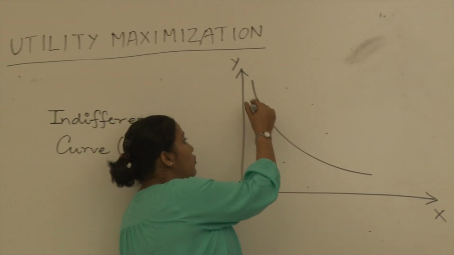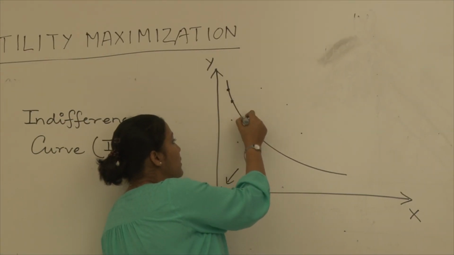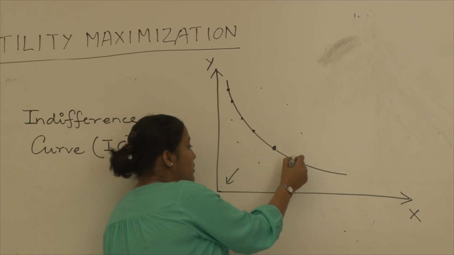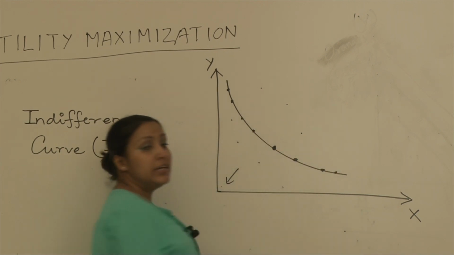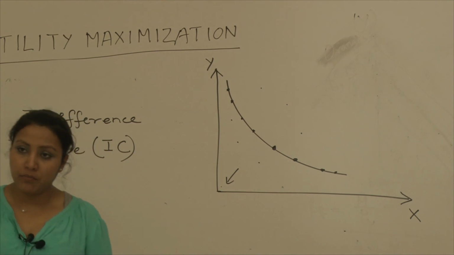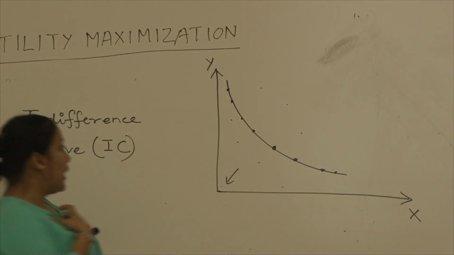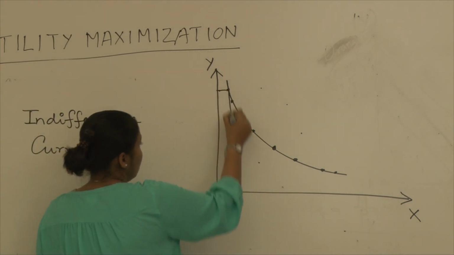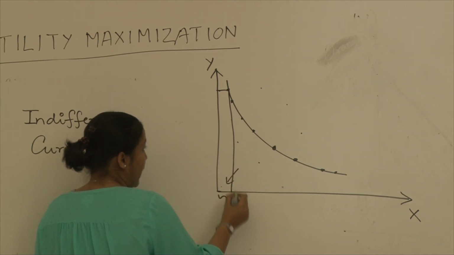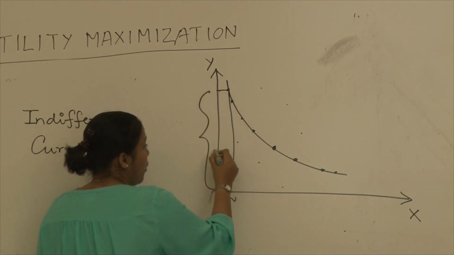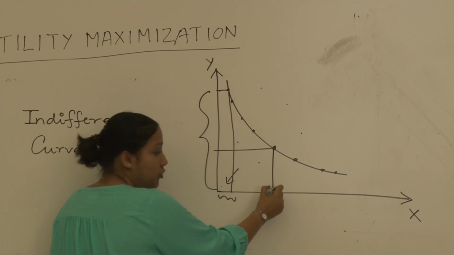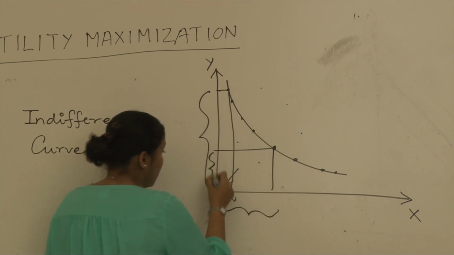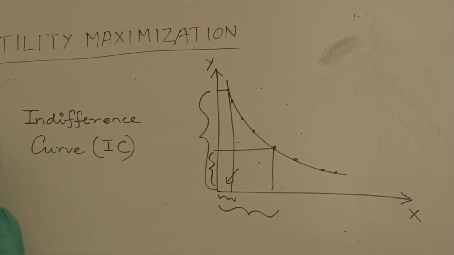When you draw that, it just means that any point that is there on this indifference curve, the consumer is indifferent between those points. So, if I am a person, I could have bought this, that means so much of x and that much of y, or I could have bought here, which means I could have bought that much of x and that much of y, but I would be indifferent between those 2 points.